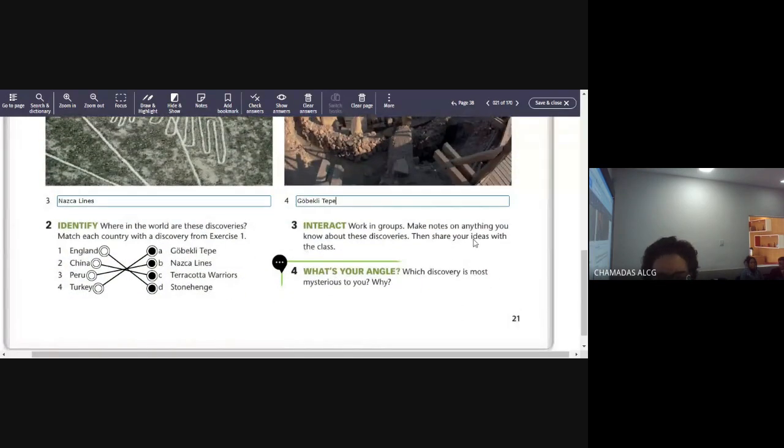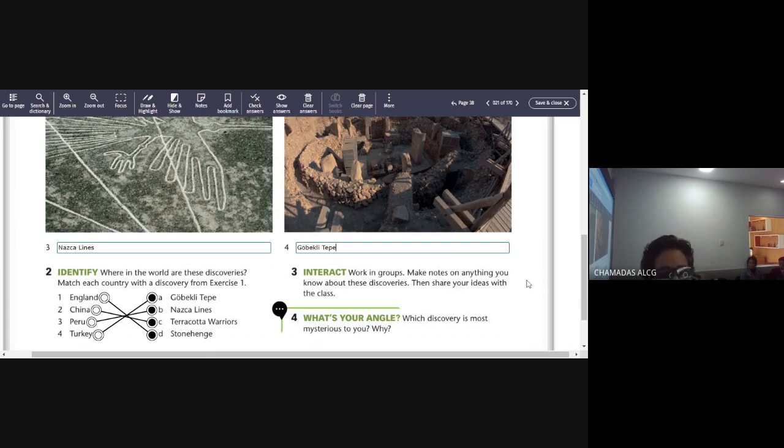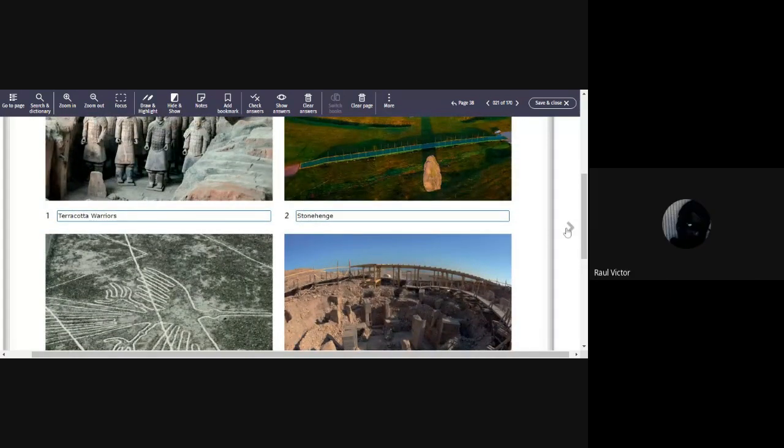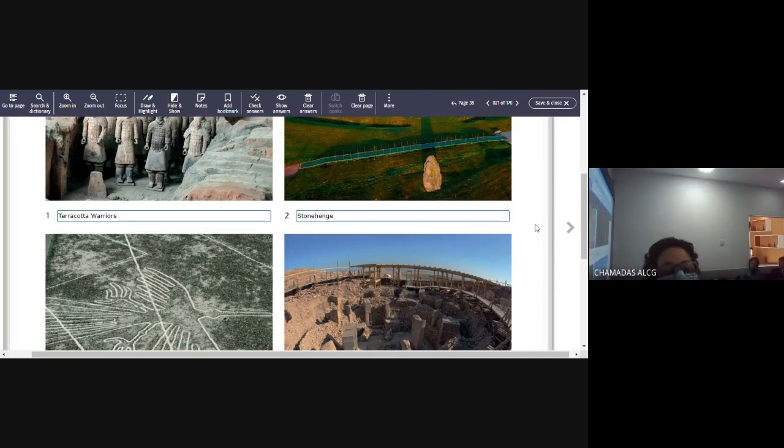So people, that's it for this page. Which discovery is most mysterious to you and why? What do you think? I mean, the Greek eclipse tracker mechanism? How did they do a thing like this, you know?